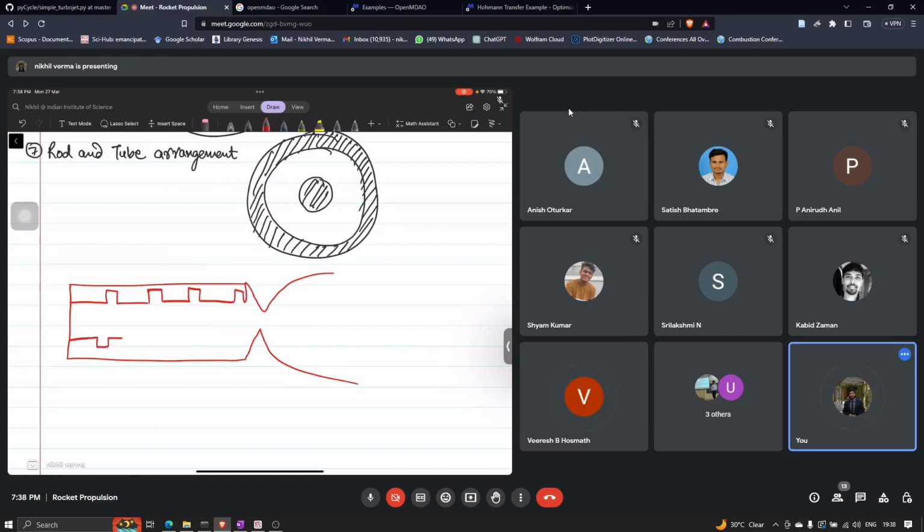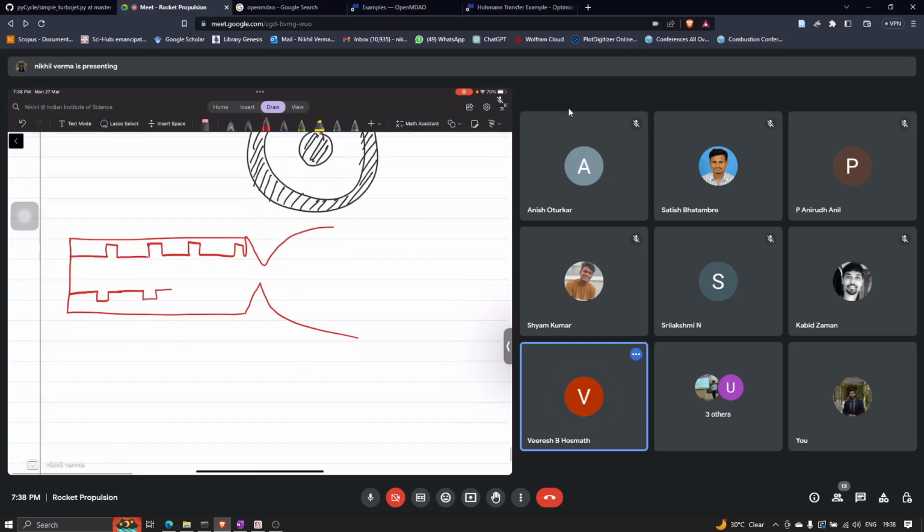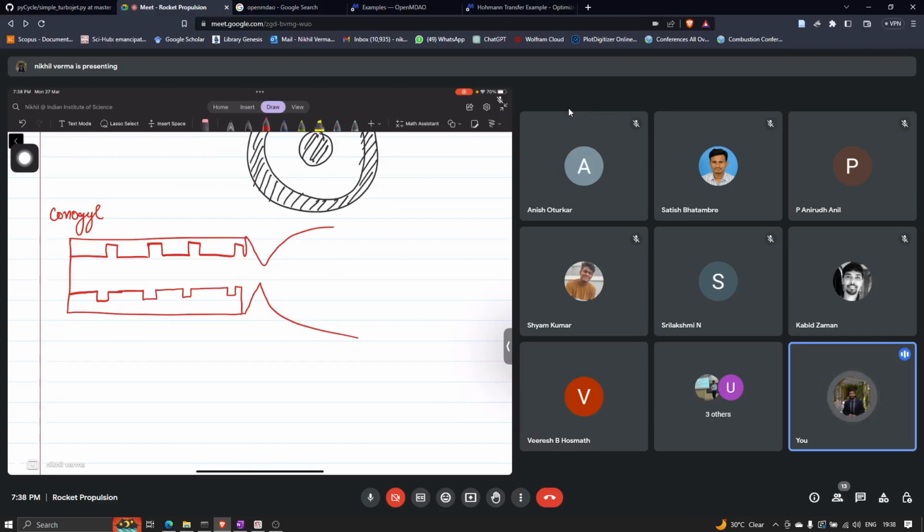Can you explain a little bit about phenocell and conocell? This is conocell. So instead of burning only in the radial direction, it can also burn in this direction, right? Yes, sir.